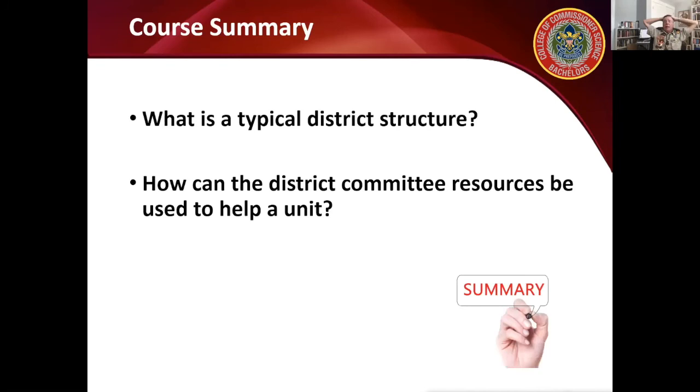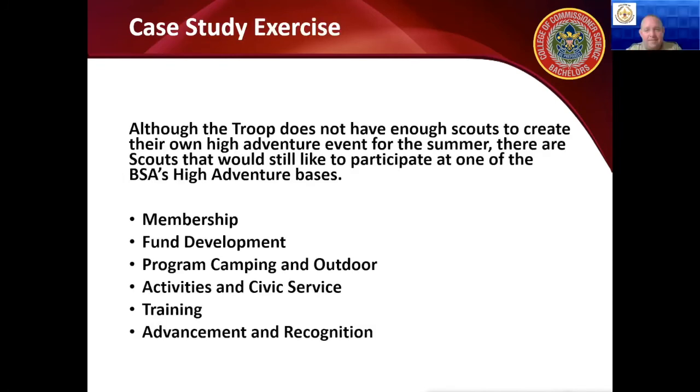I do have a comment on that. If I look at the units that are developing here in Utah, shifting from LDS to BSA scouting, I think the biggest deficit I see is in this area, the program camping and outdoor. Speaking to people in Utah and anybody outside that wants to offer suggestions, if we don't ramp up pretty quickly on this, I think we're doing a disservice.